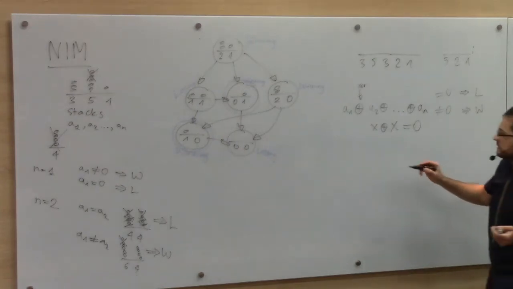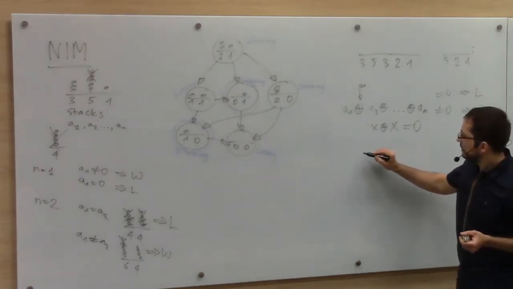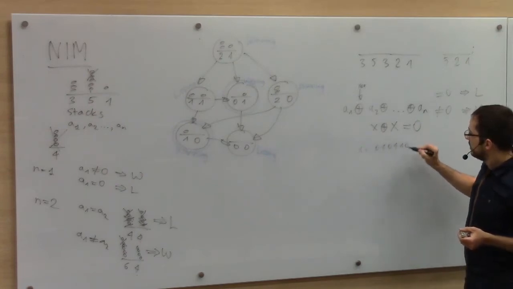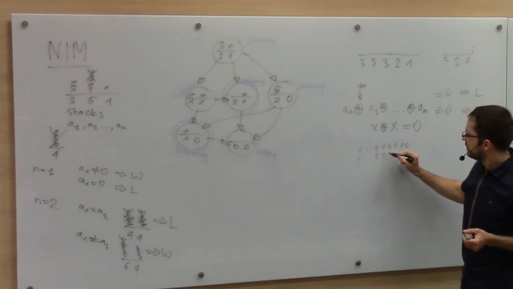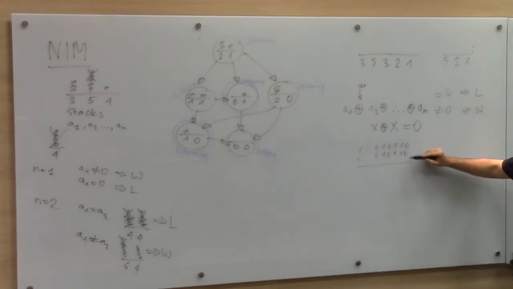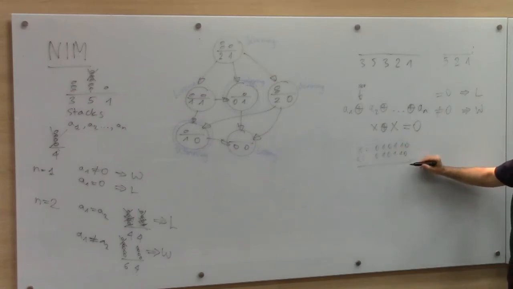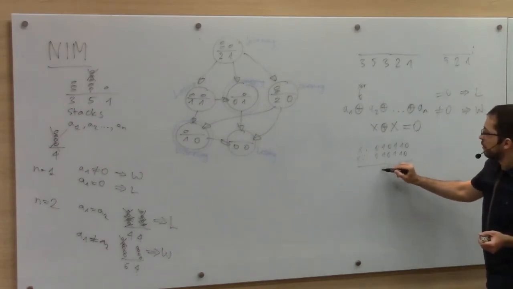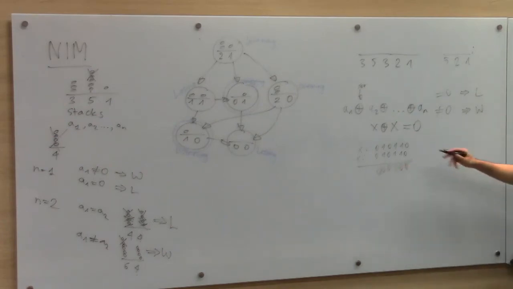XOR is like writing these numbers in binary and summing each of the columns independently. So 2 zeros give us 0, and 2 ones also give us 0. If you have a 1 and a 0, then we get 1. So here we will get 0. Basically, if we have two stacks of the same size, we get 0.